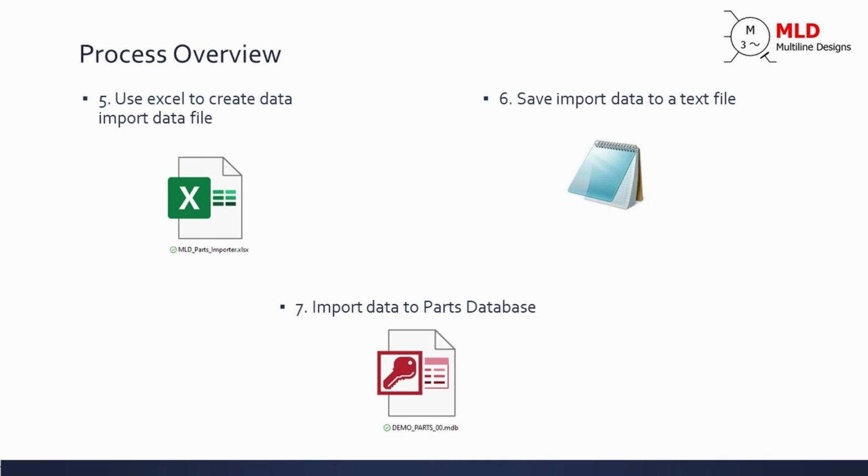Okay, once we have the Excel spreadsheet formatted and created, we can now copy and paste or directly enter the data that we want to import into EPLAN into the spreadsheet. We will then save the data that's in the spreadsheet either into a CSV or tab delineated text file, and then we can directly import that text file into the EPLAN parts database.